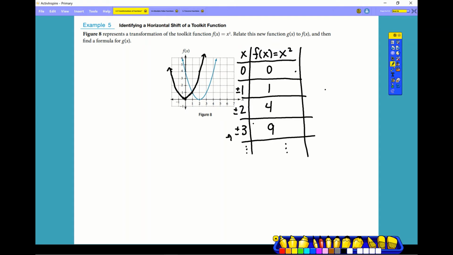So what we have now, we can go look. This would be our g of x, our transformed function, the one that is in the graph. This is the graph. So now we're going to look: when x is 0, g of x is now 4.